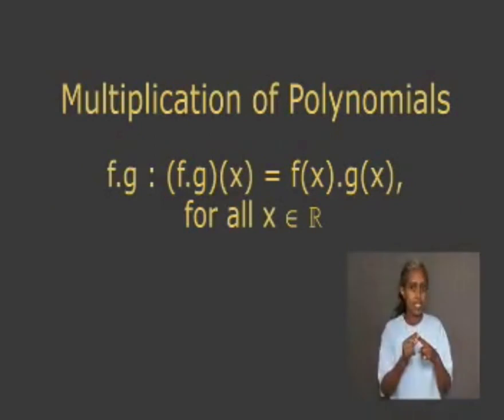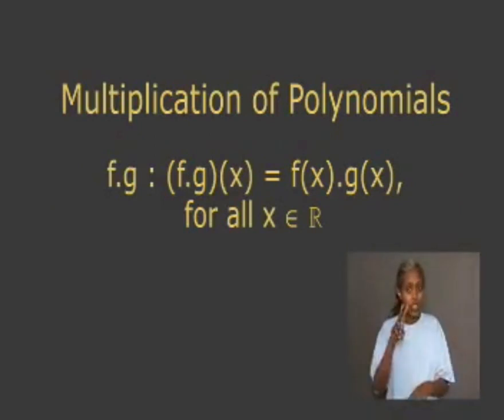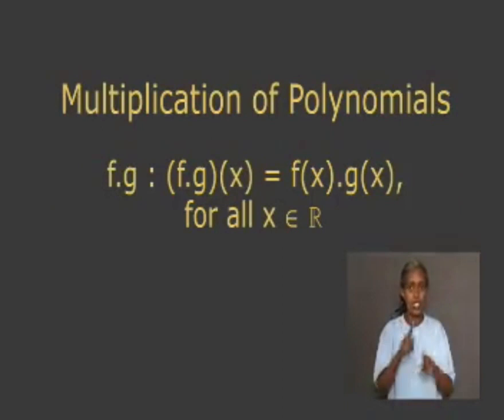The product of 2 polynomial functions, f and g, is written as f dot g and is expressed as f dot g of x, which equals f of x times g of x for all values of x that are in the set of real numbers.